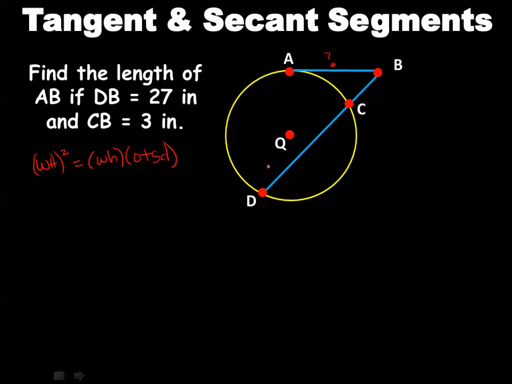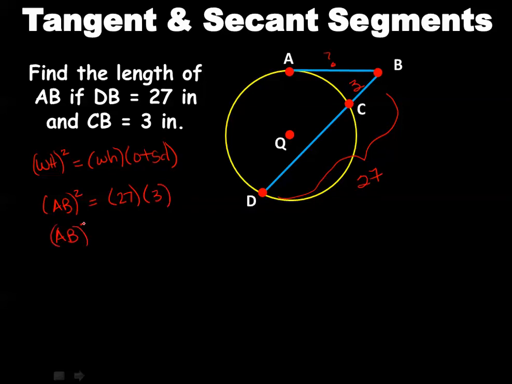They told me that DB, this whole thing right here, equals 27 inches, and that CB right here equals 3. So I don't know what the whole is, but I'm going to go ahead. It's AB squared. The whole here is 27. The outside is 3.